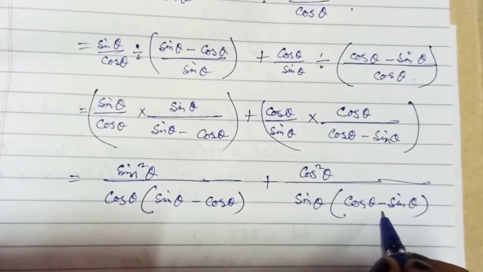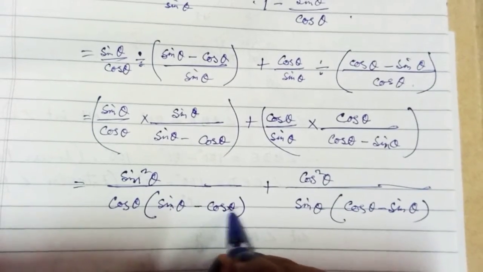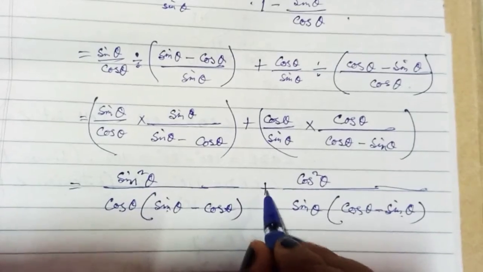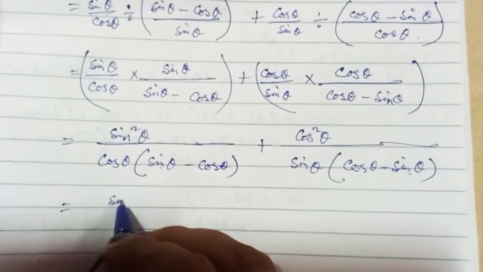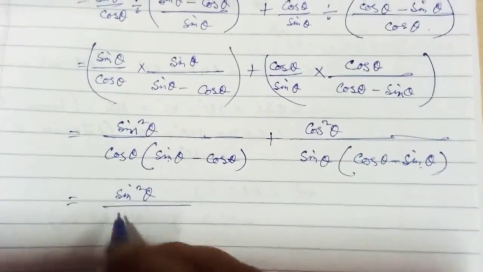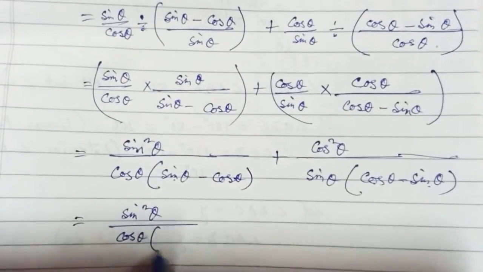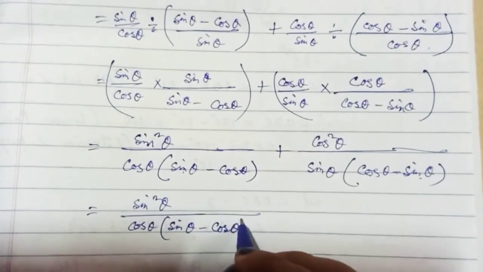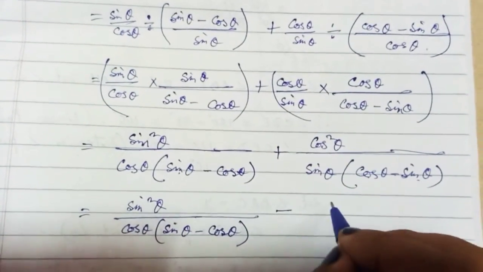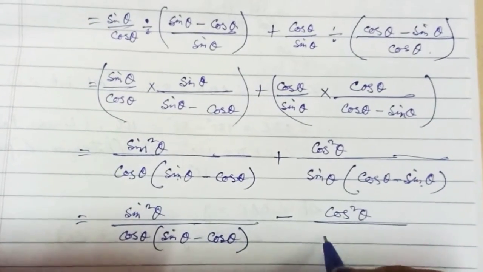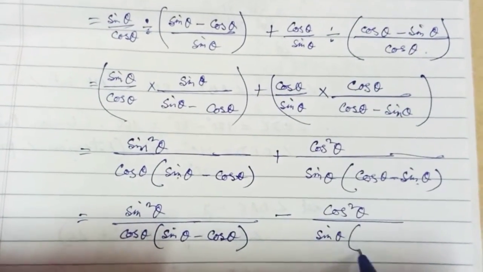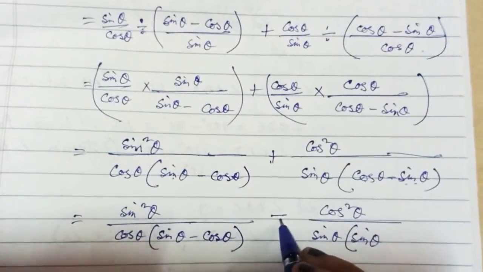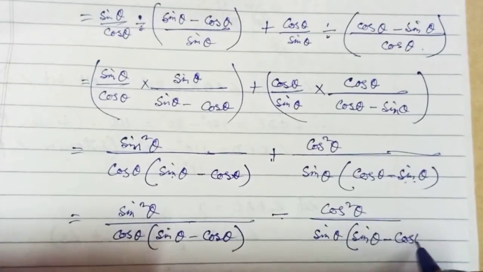So students, here sine theta minus cos theta is there, and here cos theta minus sine theta. If we take the minus sign common here, we will get sine square theta by cos theta into sine theta minus cos theta, minus cos square theta by sine theta into sine theta minus cos theta, because we have taken the minus sign common.